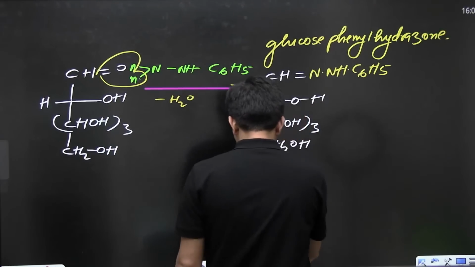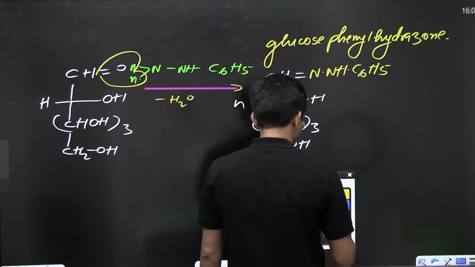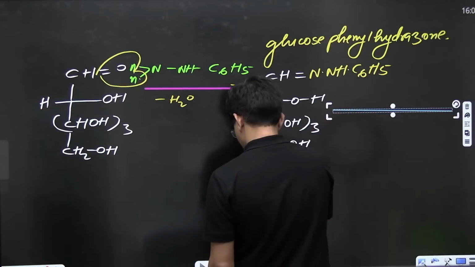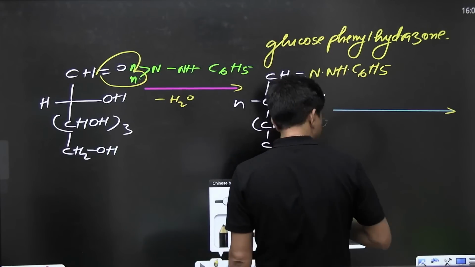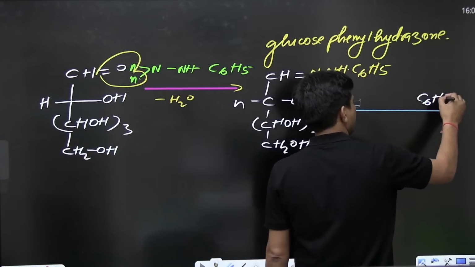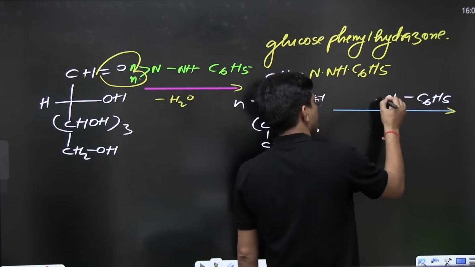Now one more mole of phenyl hydrazine will come. It will react with this compound, C6H5NHNH2.